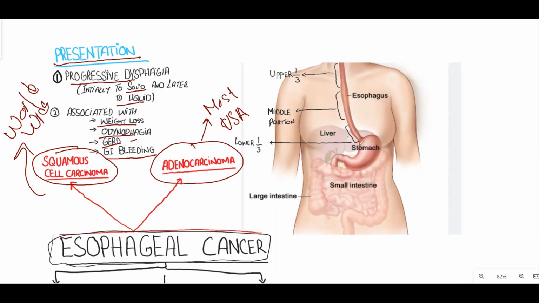For adenocarcinoma, the most common location is the lower third of the esophagus, while for squamous cell carcinoma, the upper third and middle portion are common locations.